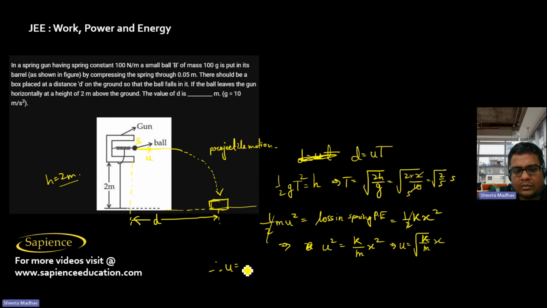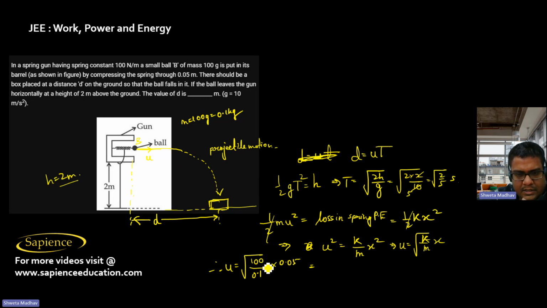Therefore u will be equal to root over k is 100 by m, mass is 100 grams, which means it is 0.1 kg, into x, which is 0.05.